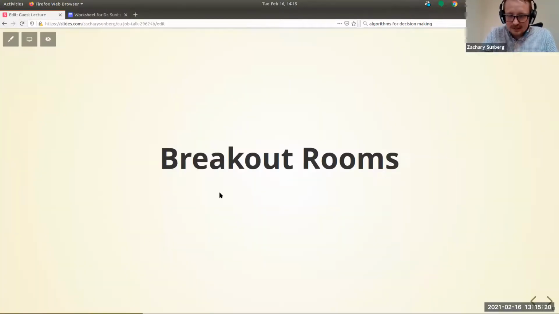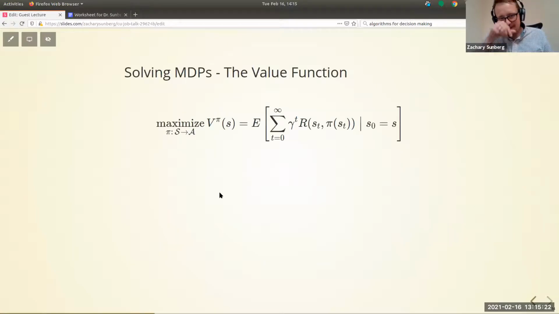All right, so let's talk about how to actually solve these. One important concept is a value function, which I think you guys have covered in some sense. The value function is V^pi(s), which is the expected sum of rewards over the future. So this accounts for both the current reward and the discounted long-term rewards.